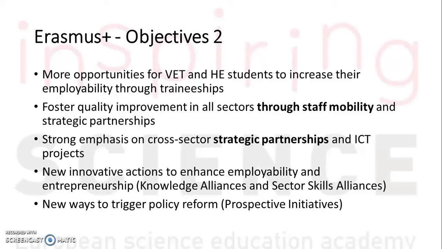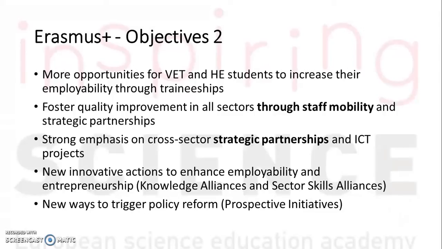So, one of the key objectives of the Erasmus Plus project is to foster quality improvement through staff mobility by sending teachers abroad, by sending teachers to training events in other countries. The goal is to elevate their level of teaching, to improve their capabilities, their capacities, their skills, and thus improve their teaching qualities.